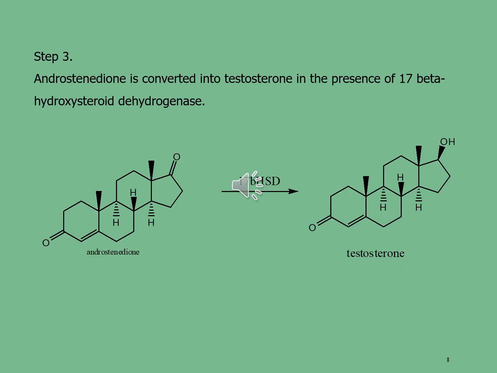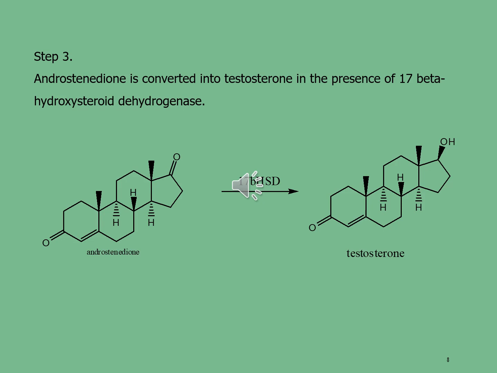In the third step, androstenedione is converted into testosterone, which is our target compound for the synthesis of androgens, in the presence of 17-beta hydroxysteroid dehydrogenase enzyme, which is abbreviated as 17-BHSD. So you can see in this reaction that androstenedione is converted into testosterone. In testosterone, there is a carbonyl group at carbon 3 position and a double bond at carbon 4 position, similar to androstenedione.